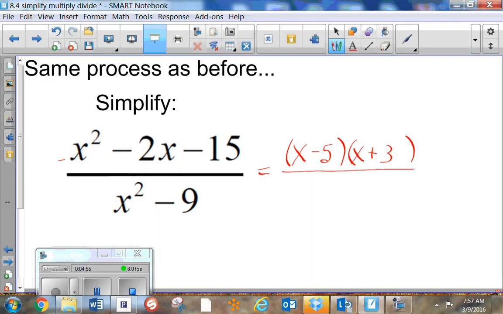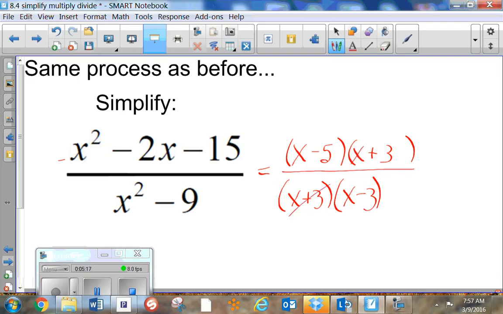On the bottom, what is that? x squared minus 9. Difference of two squares. So I know its two factors are x plus 3 and x minus 3. So now I have factors on the top, I have factors on the bottom, and I'm going to cancel out any they have in common.